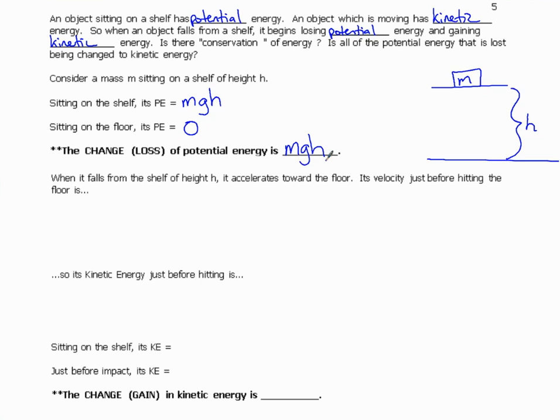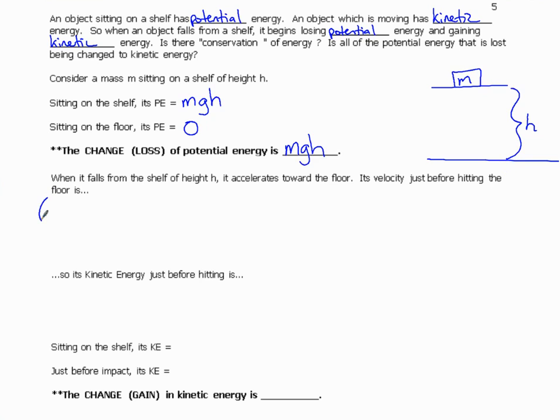When it falls from the shelf of height h, it accelerates towards the floor. Using some old formulas, we can calculate some things, like its velocity just before hitting the floor. So if you think back several chapters, we want to know velocity and we know distance. We don't know how long it's going to fall.